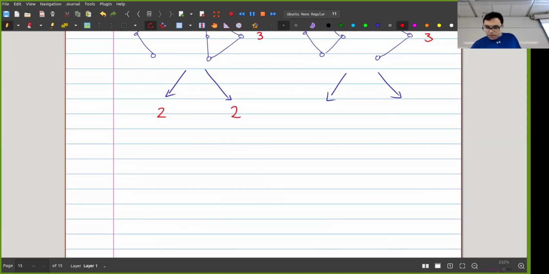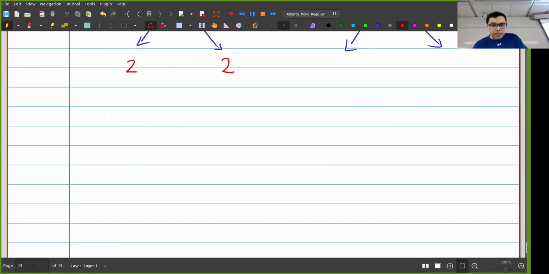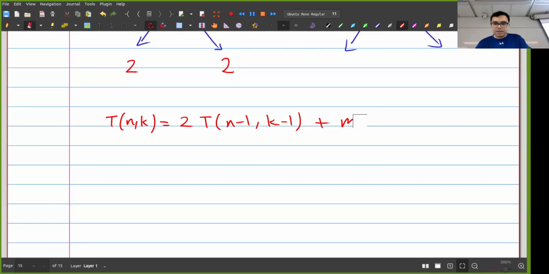Again, let me write this. I have T(n,k), the time that I need on an instance with n vertices and parameter k, looking for a vertex cover of size k, is going to be 2T(n-1,k-1) plus, let's say, m plus O(m).